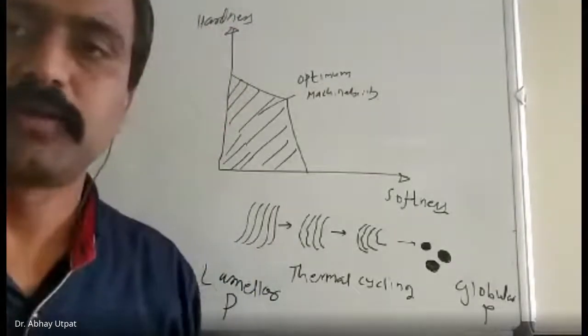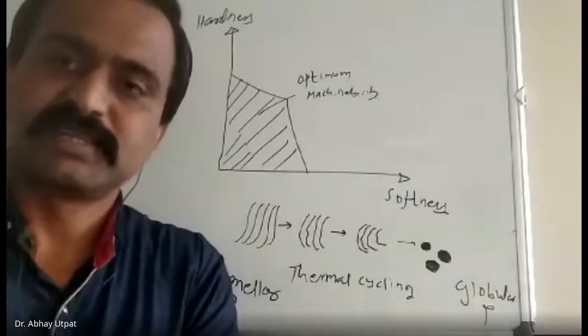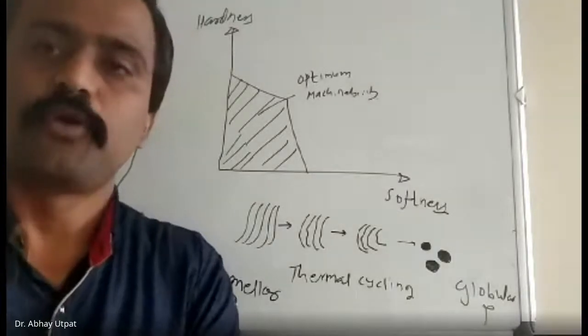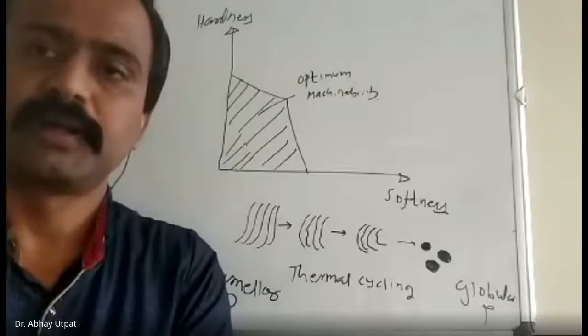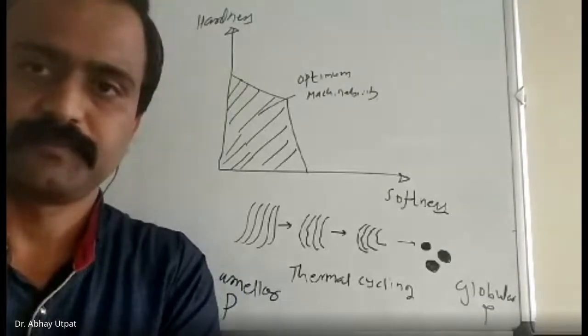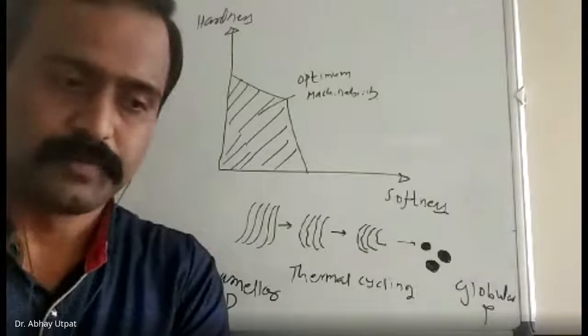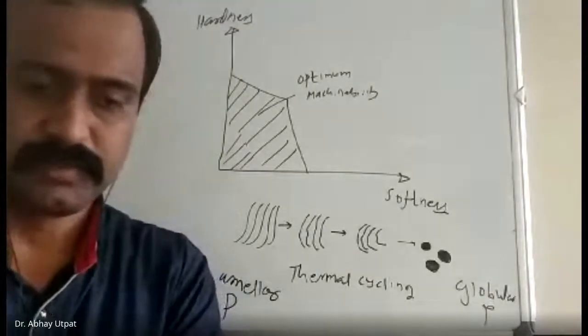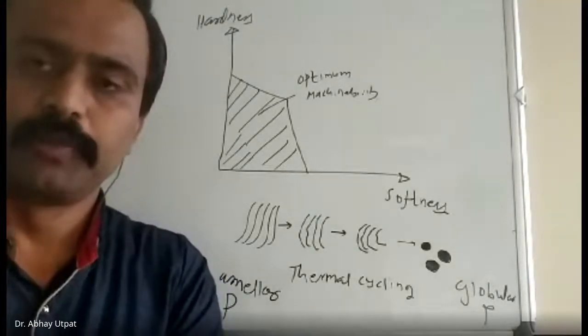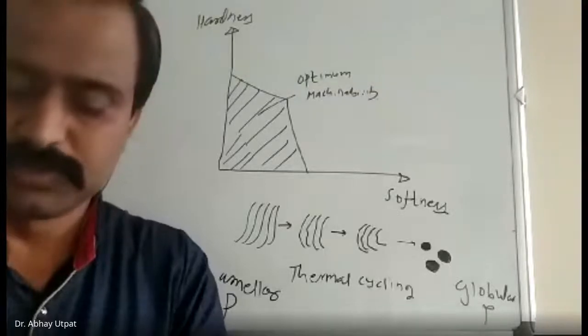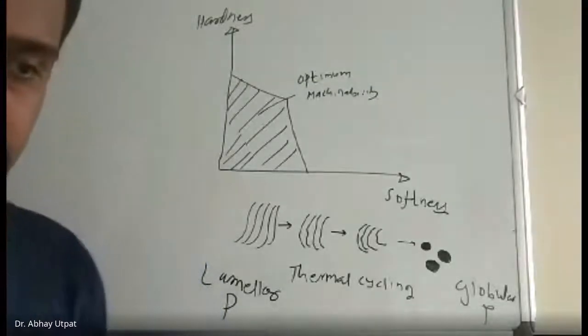Globular perlite causes less disturbance for motion of dislocations. Full stop. Hence, globular perlite gives better machinability.